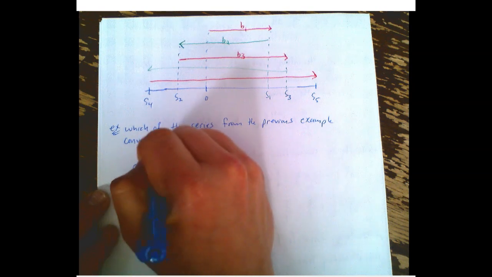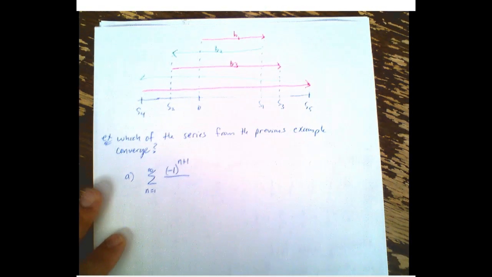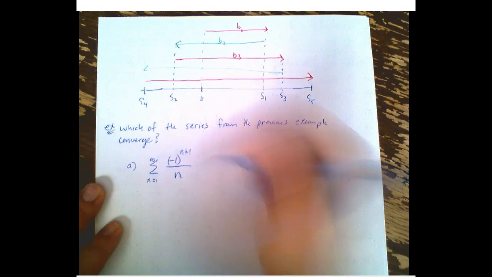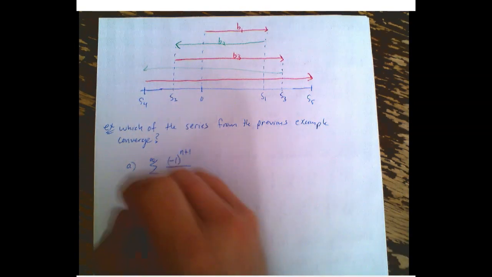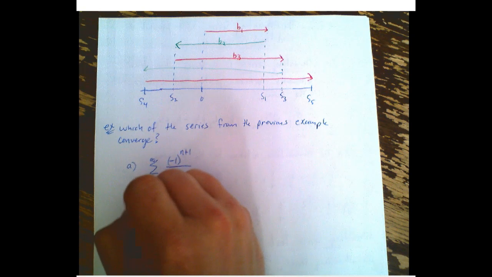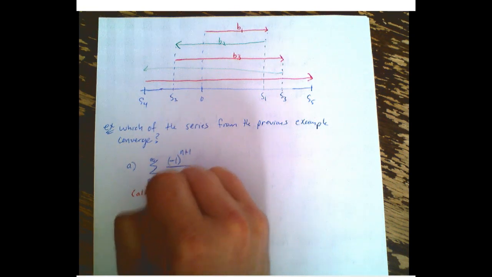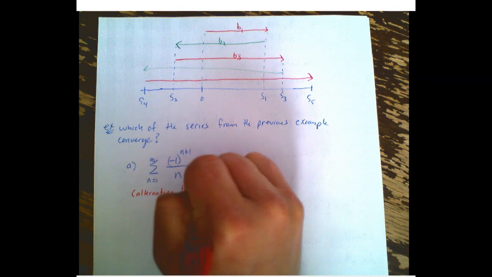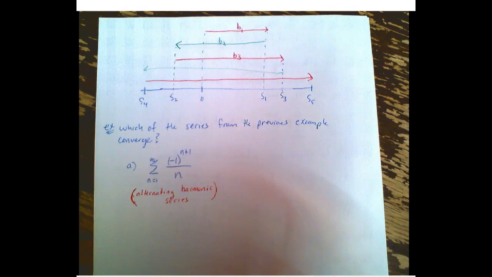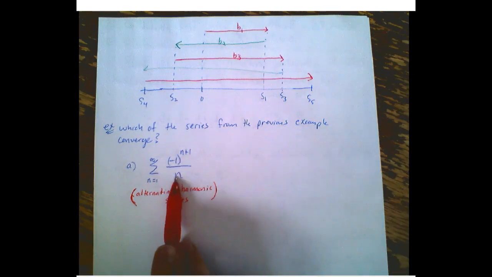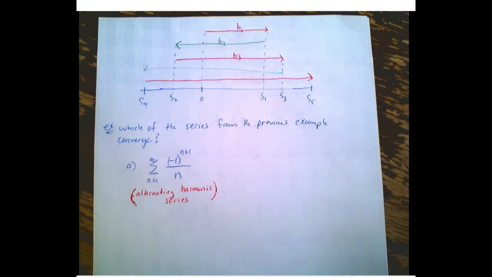A was sigma n goes from 1 to infinity, (-1)^(n+1) over n. FYI, this is called the alternating harmonic series. Right, we know that the harmonic series is sigma 1 over n. Here we have the alternation, so we call it the alternating harmonic series.